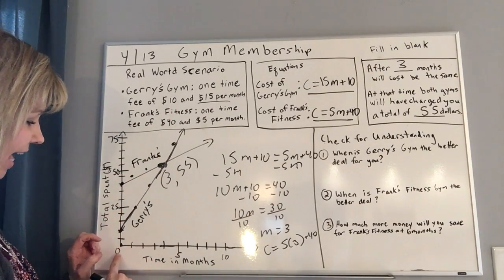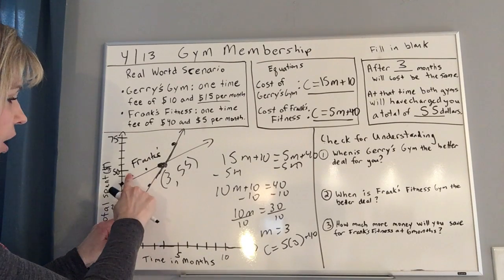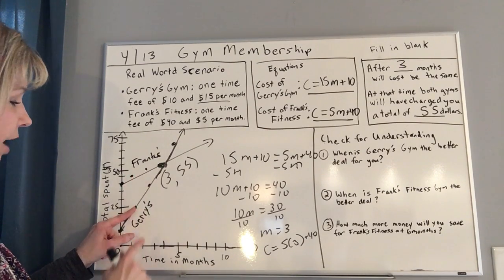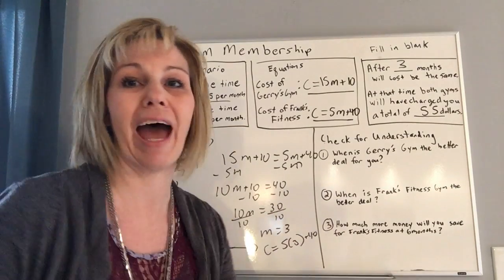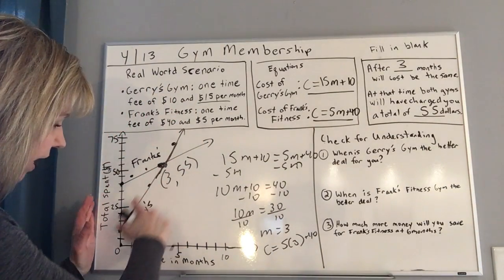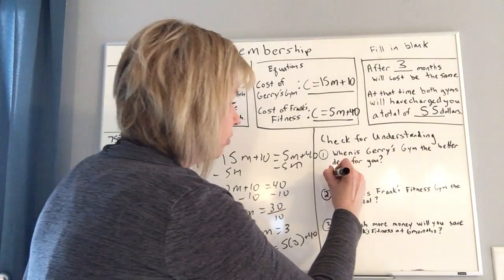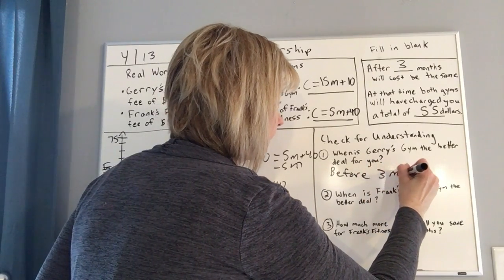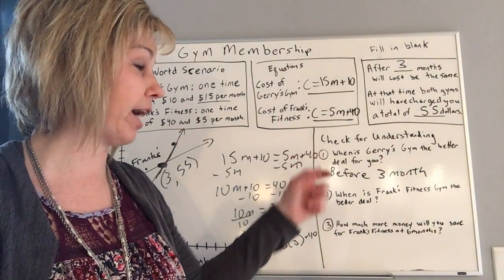Well, at 1 month, it costs $25 for Jerry's, where it's going to cost $45 for Frank's. So it's either going to be before 3 months or after 3 months. If you look at Jerry's, it doesn't get more expensive until after. So I'd say before 3 months. If you don't want to go for a very long time, you want to do Jerry's.